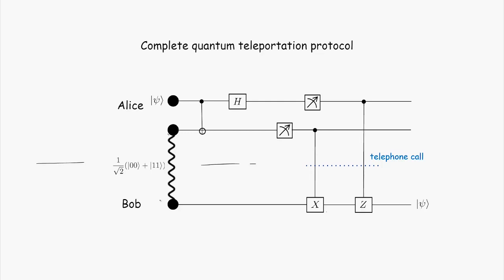So what's the first thing Alice does? Well, Alice performs a CNOT from her qubit, the unknown qubit, to her share of the Bell state. She measures that, the middle qubit. Okay? And she calls up and tells Bob the result of that measurement. If it's a 1, then Bob must perform a bit flip on his bit.